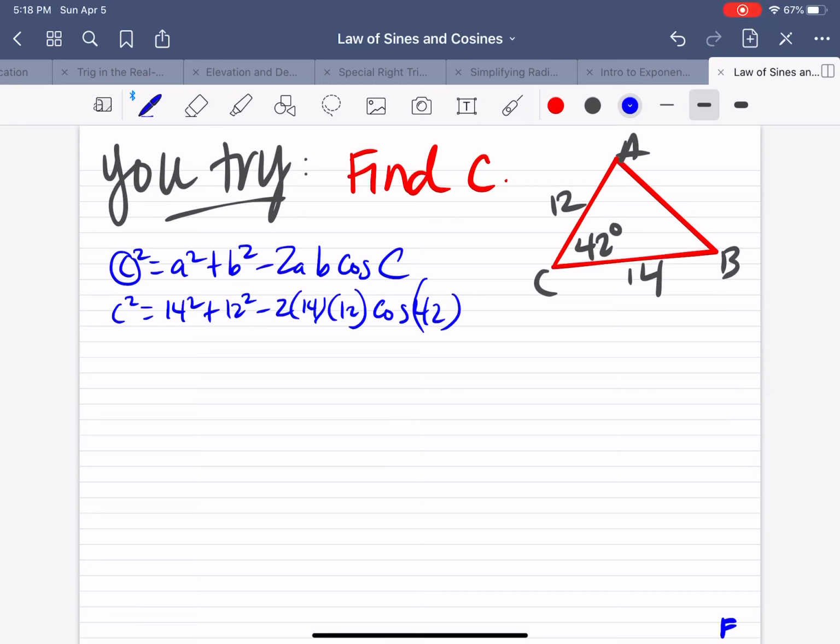So remember, to solve for sides using law of cosines, it's easier because to get the C by itself, you take the square root of both sides. And you just put all that in the calculator and you have your answer.